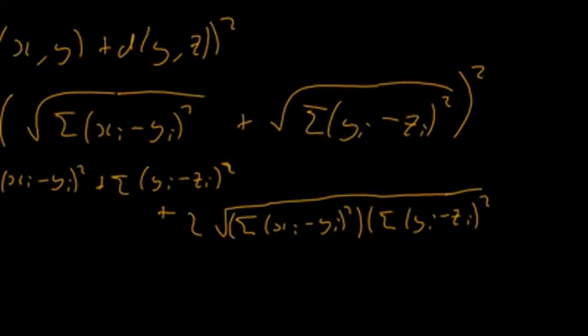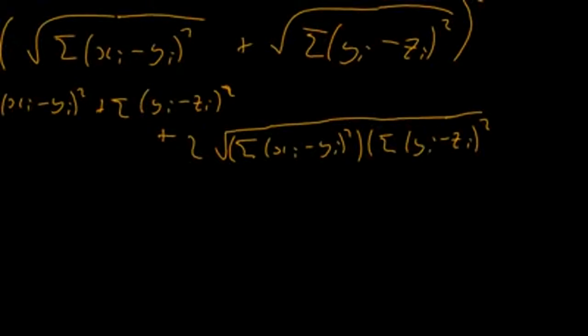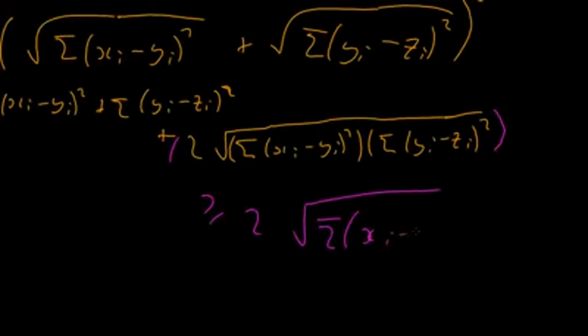So this term here is greater than or equal to 2 times the root of the sum of xi minus yi times yi minus zi, squared, which is just because this is now the root of a square.